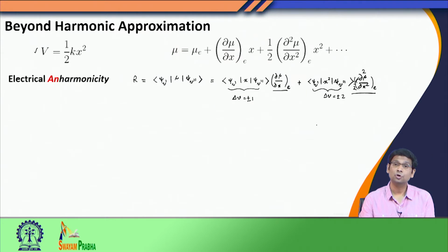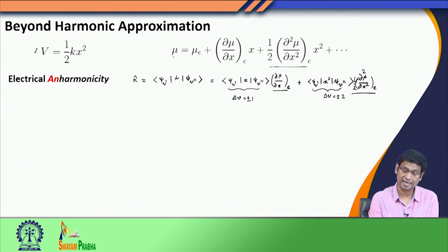If we see a 0 to 2 transition in a molecular spectrum, then we know that delta V equals plus 2 has become allowed. One way to explain that could be that the second order coefficient is not so small that it can be ignored. Therefore, we must consider it. If we consider this and obtain a description for the 0 to 2 transition, we call that electrical anharmonicity.